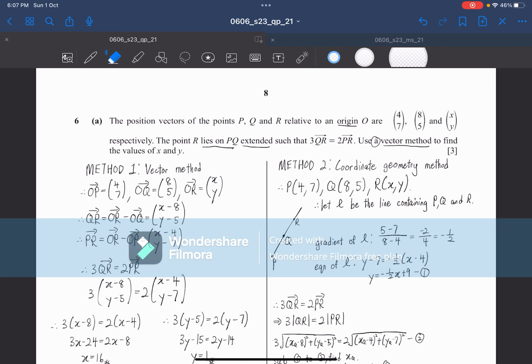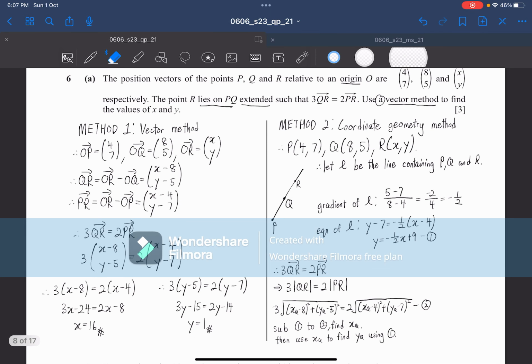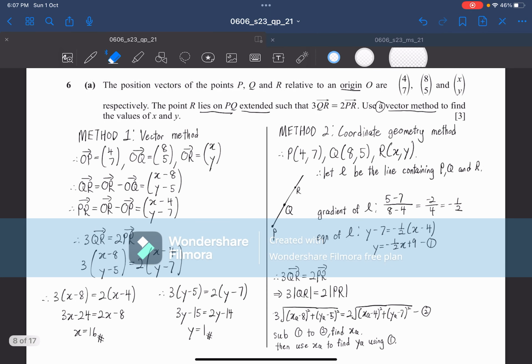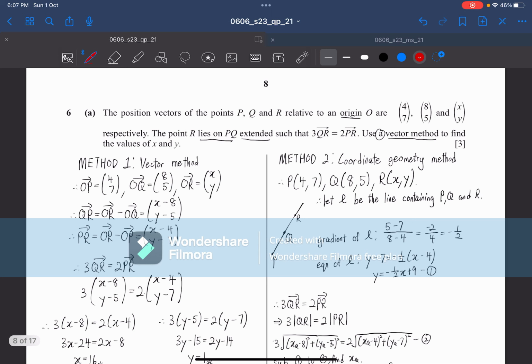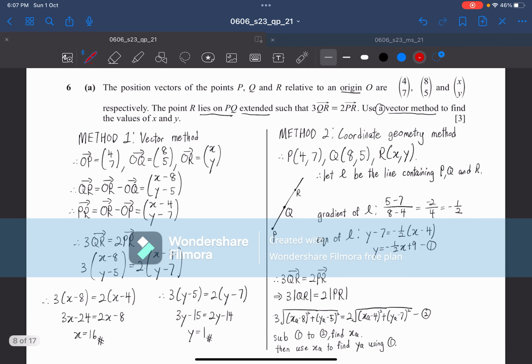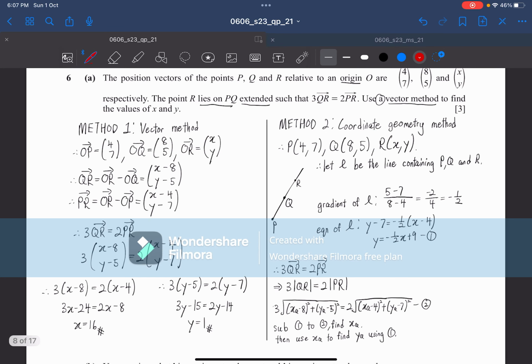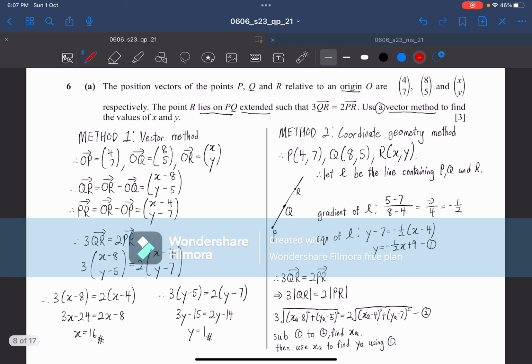Although it may be simple, questions like these are really easy to lose marks, because if you think it's simple, sometimes you just rush through it without ever thinking whether you did it right or wrong. But it's really important to know multiple methods so you can check your answers, because this question can be solved using, at least to me, 3 methods.